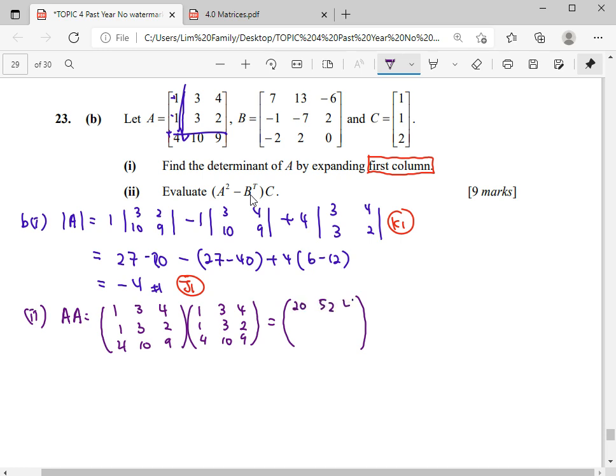So I go straight to the answer. You will perform the operation inside the bracket first, which is A squared minus B transpose. So the next step, I am going to take A squared minus B transpose.